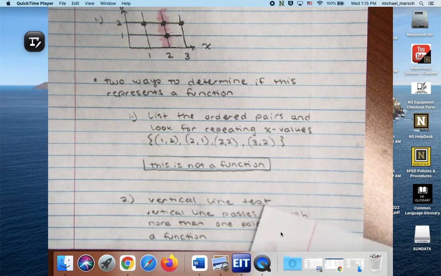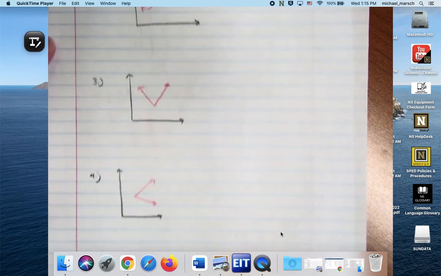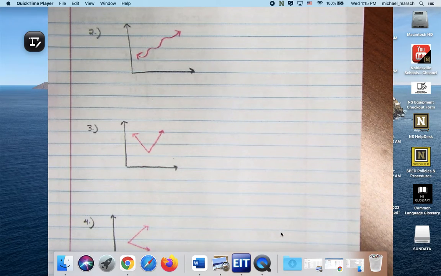So draw those really quick, and then we'll talk about if they're functions or not.